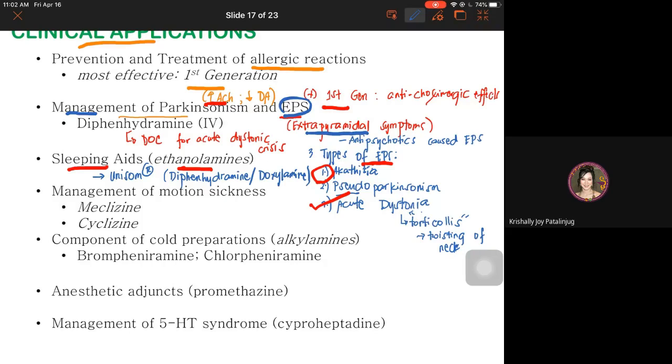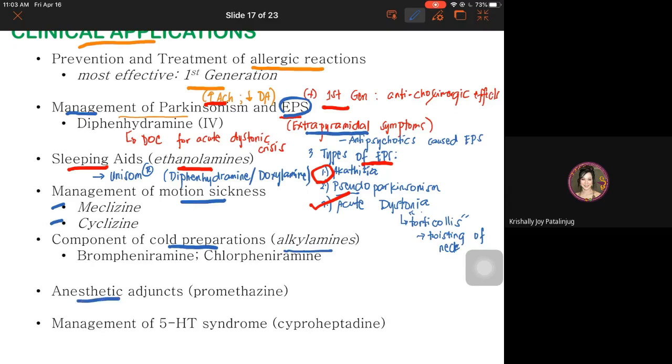Then, we also have H1 blockers for the management of motion sickness. Yung meclizine, yun yung Bonamine. Anti-motion sickness. Then, we also have component of cold preparations ng mga H1 blocker, we have brompheniramine and chlorpheniramine, yung mga alkylamines naman.